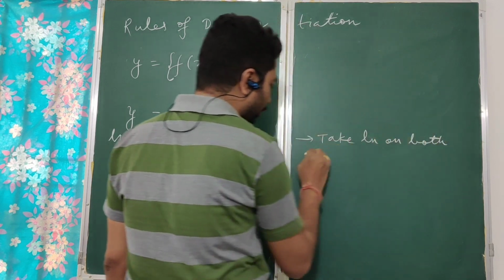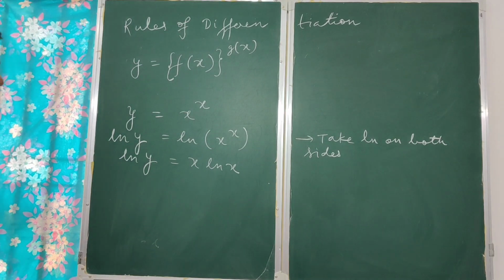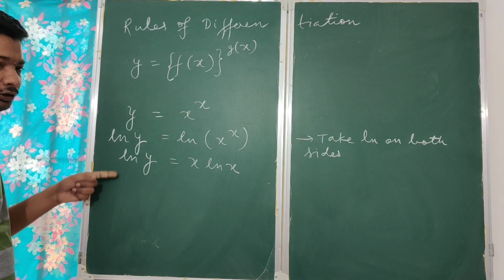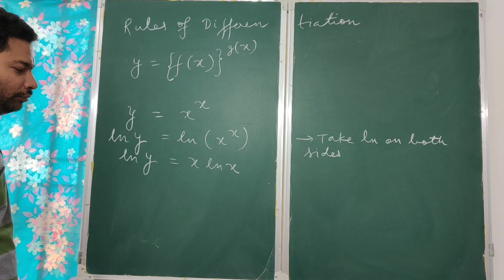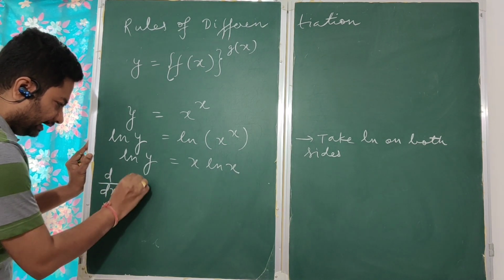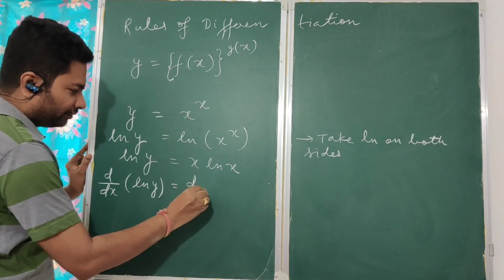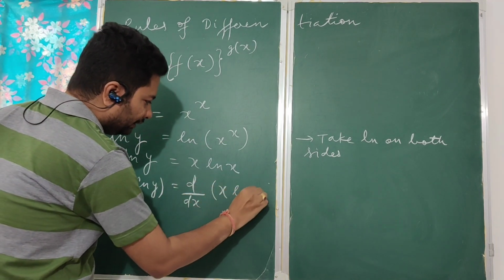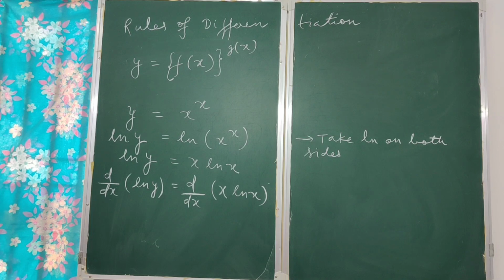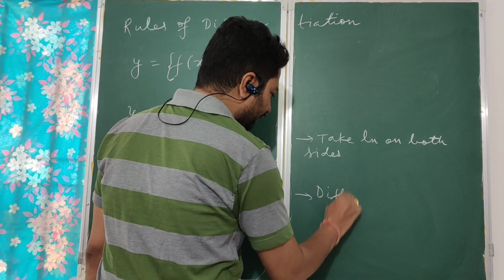Ln means natural log, and natural log means log to the base e. Second step, do the differentiation on both sides. So d by dx of ln y on the left, and d by dx of x ln x on the right. So the second step is to differentiate both sides.